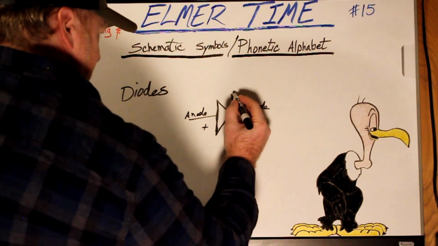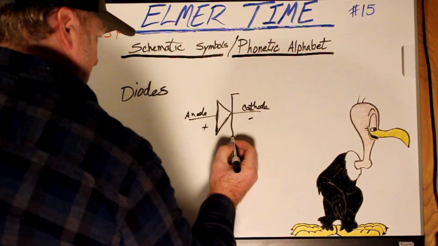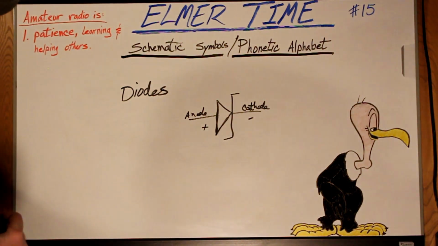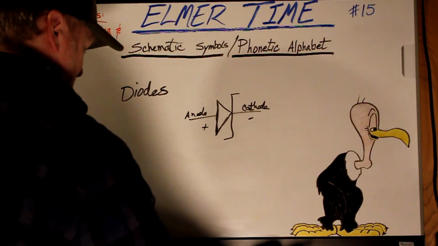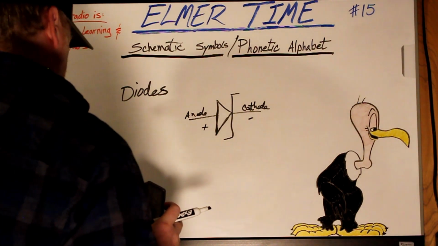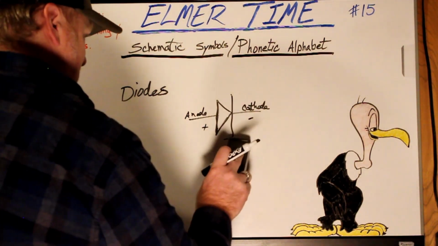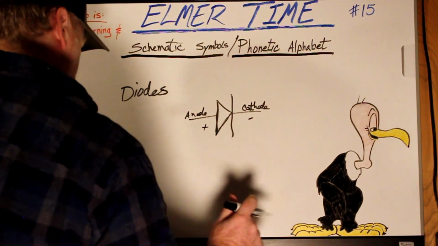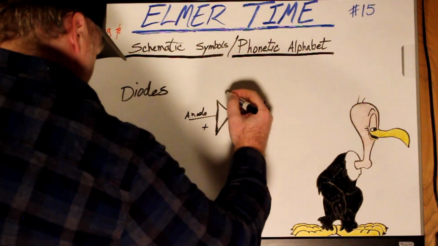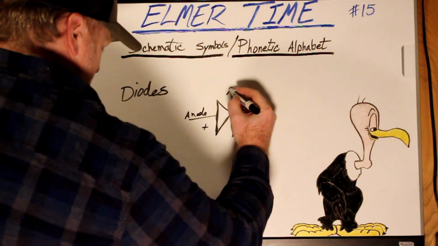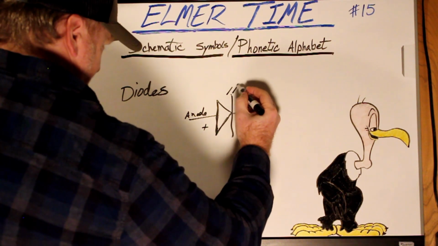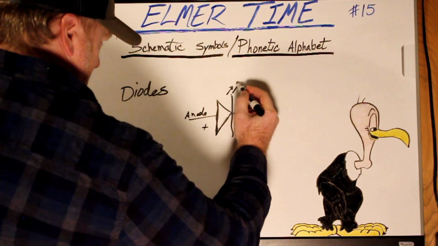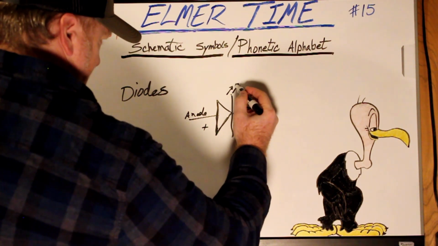There's another kind, like a Zener diode. That would be the schematic symbol for a Zener. Here's one that you've probably seen a lot throughout your life.